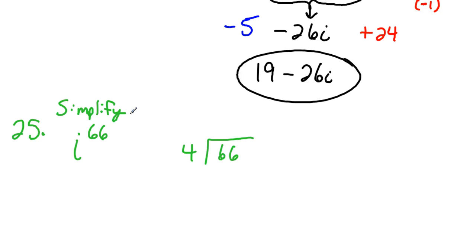Okay, now it says simplify the complex number as much as possible. It's still the same thing. With the powers of I, all you're going to do is take whatever that power of I is and divide it by 4. So we're going to take 66 and divide it by 4. And let's just see how many times this thing will go. 16, got 2 left over.